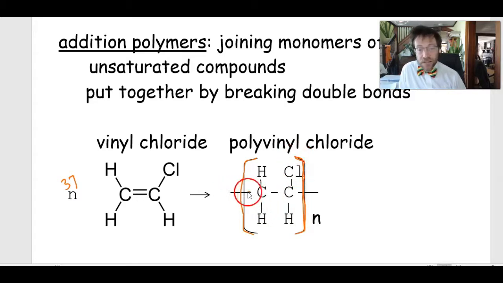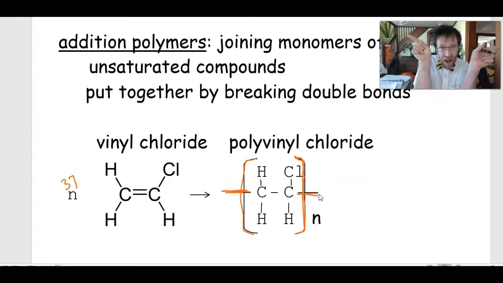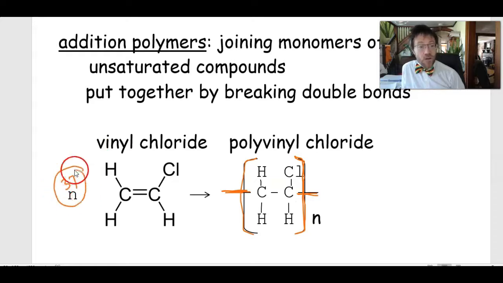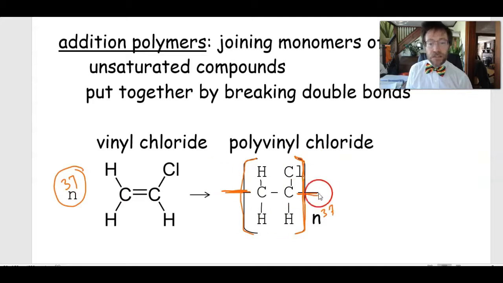And these bonds, if you notice, are sticking outside of that bracket. That outside bond is trying to show that these are all linked together. And then n, in this case, if we started with 37 monomers, has a subscript of 37 to indicate that this polymer is made up of 37 monomers.